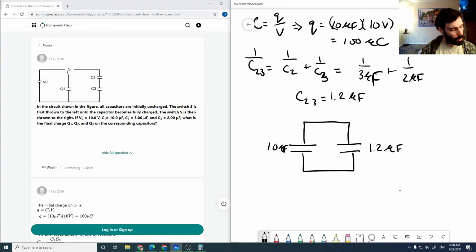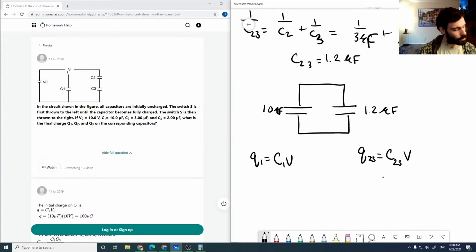And now our charge on both plates can be found from these expressions, but we don't know what our new potential is necessarily.